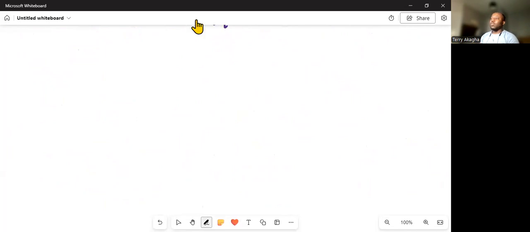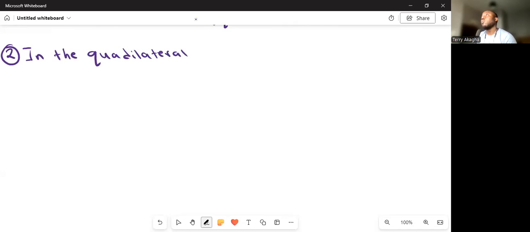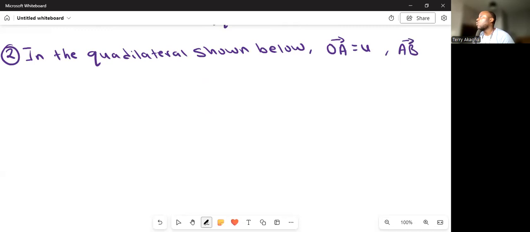So we are told in this question, number 2, we're told in the quadrilateral shown below that OA, so moving from O to A, was equal to U. We're told that AB was equal to V. And we're also told that OC was equal to W. All right?